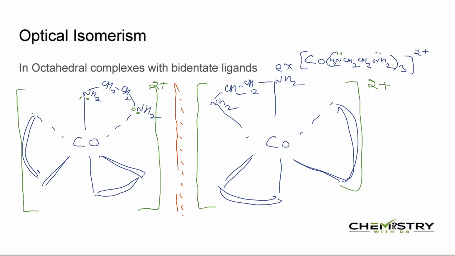And in this one we see that one bidentate ligand has joined in this position, and the other one can be a mirror image of this one, so we can draw it like this.